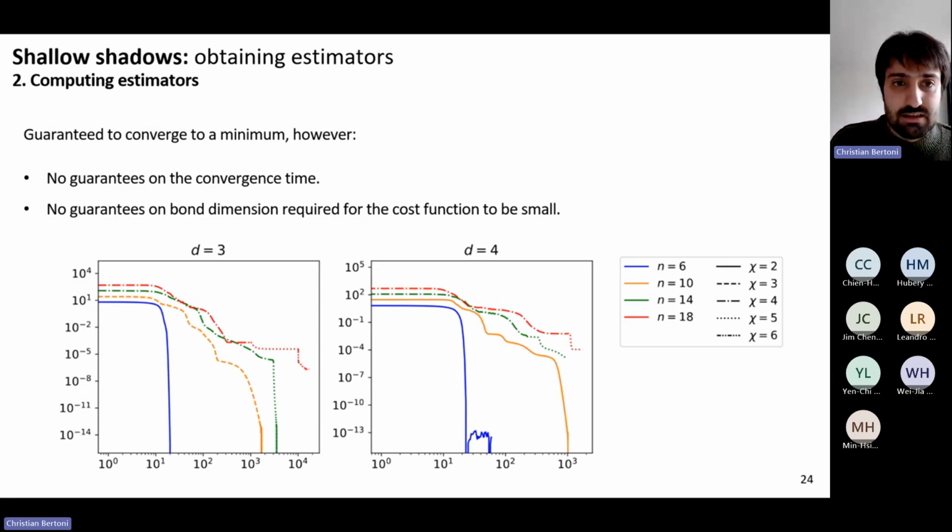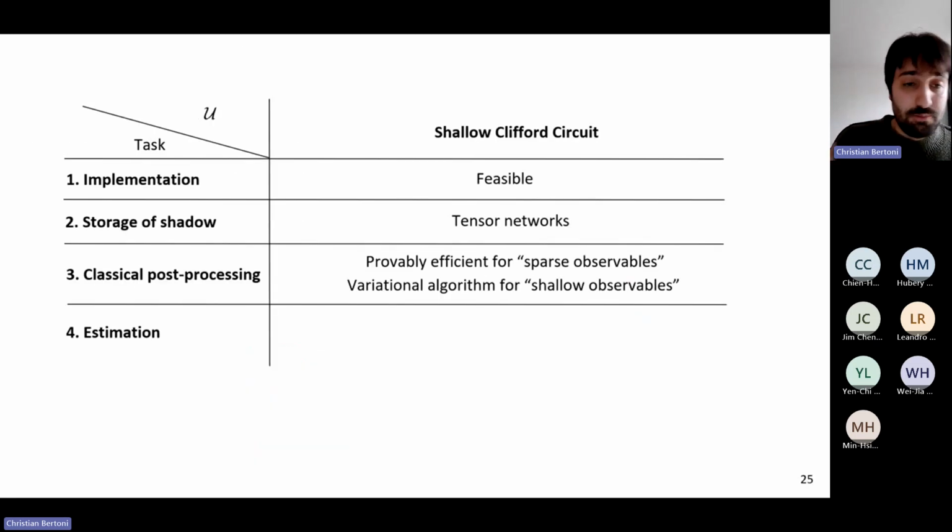Right. So now the classical post-processing, we say that this is provably efficient for this class that we call sparse observables. And we have a variational algorithm for this class of shallow observables, but unfortunately we have few rigorous guarantees about the second point.